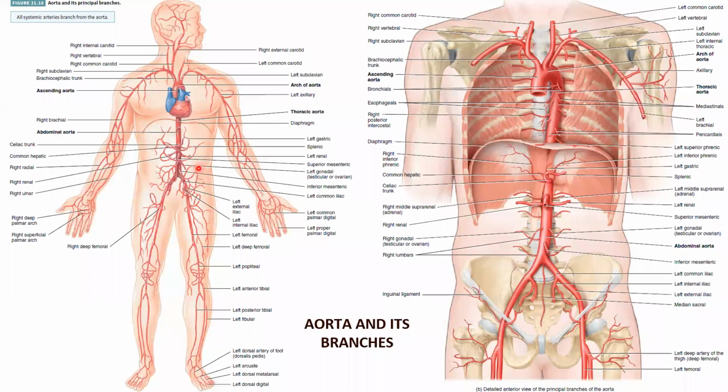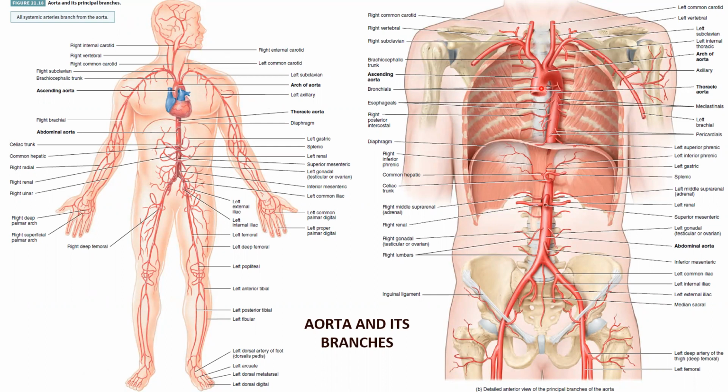We'll discuss the different branches of the aorta supplying the brain and the spinal cord. You will know later on that there are different branches of the aorta that would supply the spinal cord.